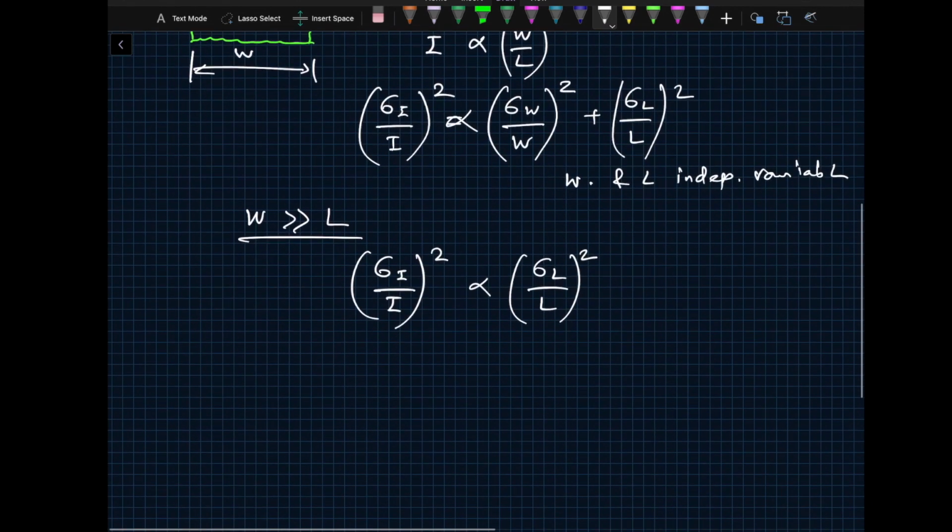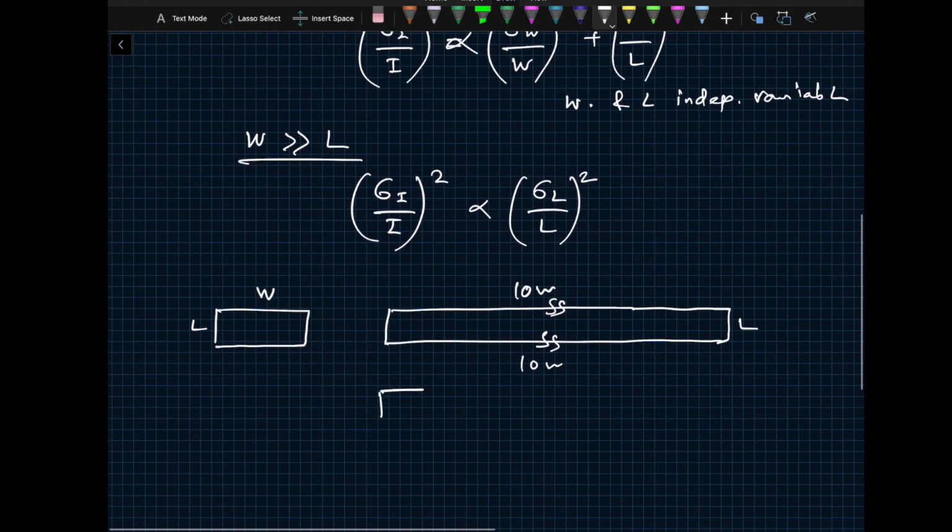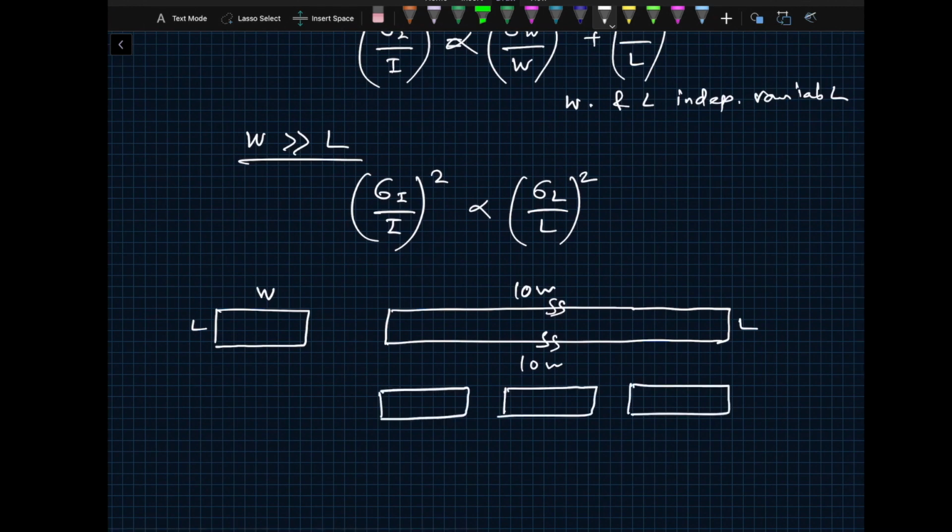Now the question was as follows. Let's say I have one transistor with a certain W by L, and I stretch that transistor so this is 10W, and this is L. Versus if I do 10 units of the transistor, something like this.